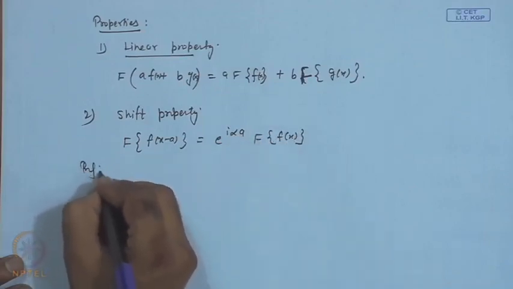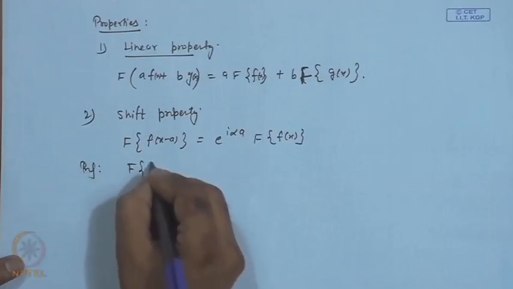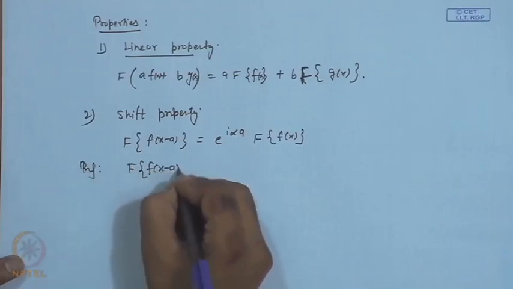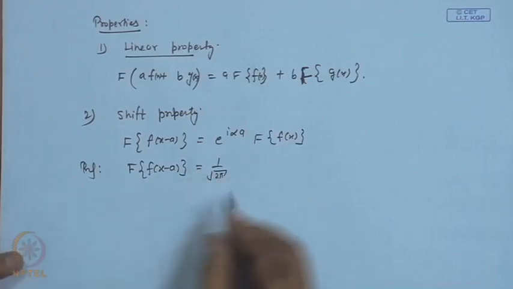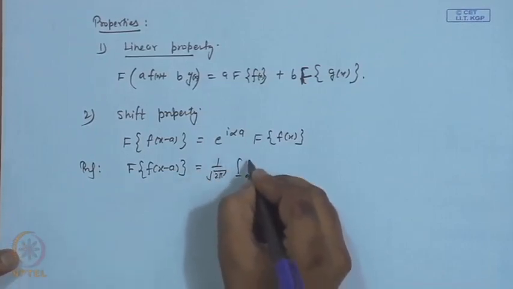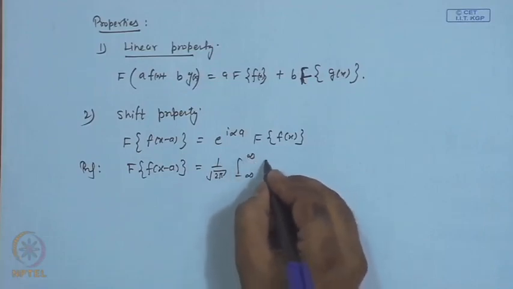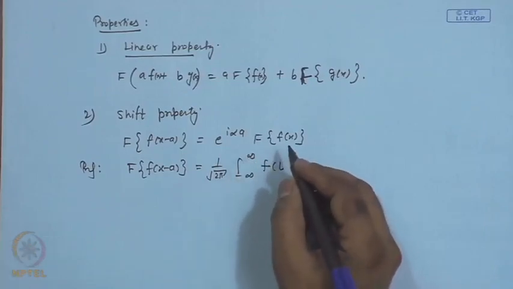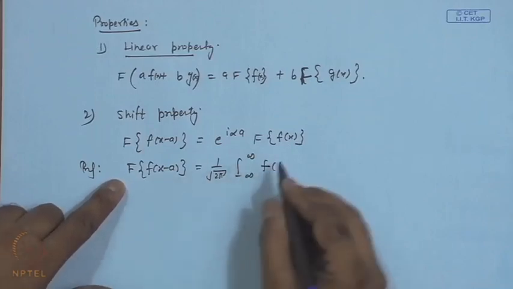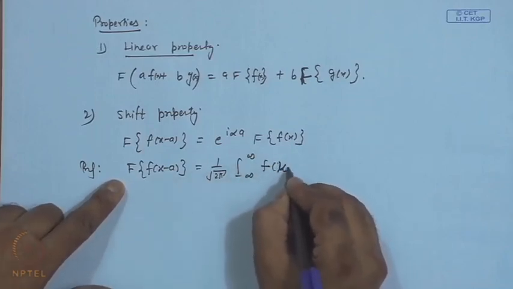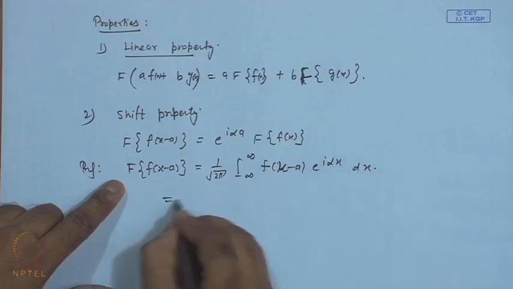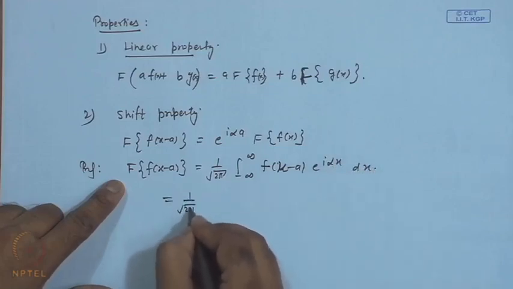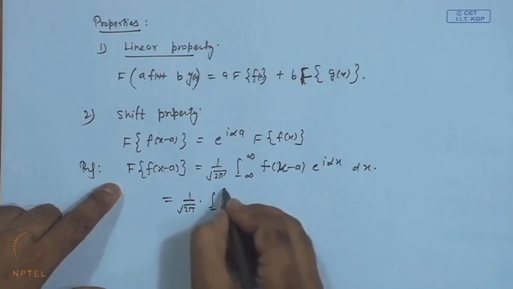If we go to the proof, we take the Fourier transform of f(x minus a) as 1 over square root 2 pi, minus infinity to plus infinity, f(x minus a) e^(i alpha x) dx.